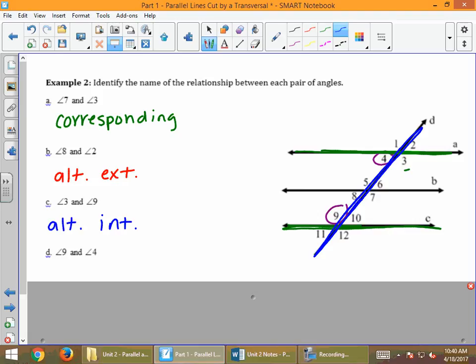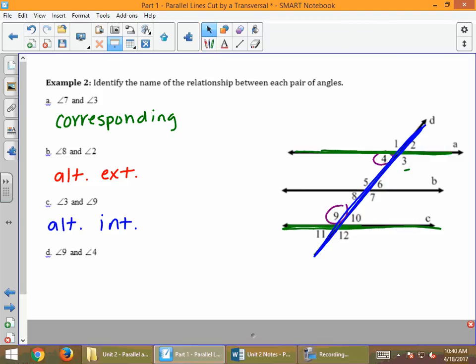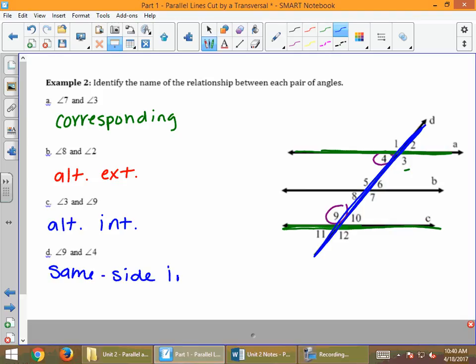Just focus on those green lines we just made and that blue transversal. Ignore that middle line. If we look at 4 and 9, they're both inside those green lines and they're on the same side of the transversal. They're inside and on the same side, so that would make them same side interior.